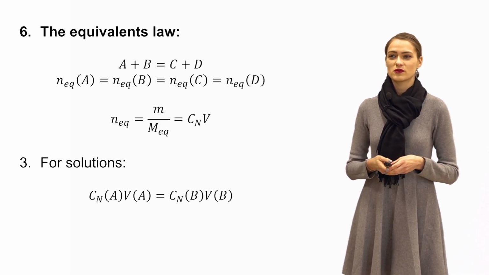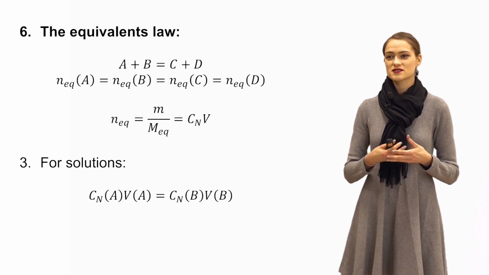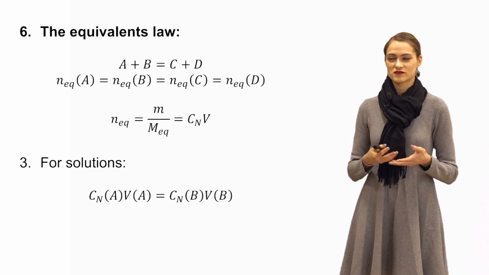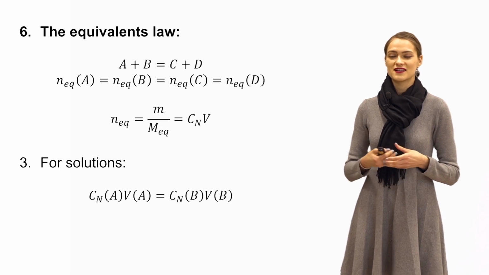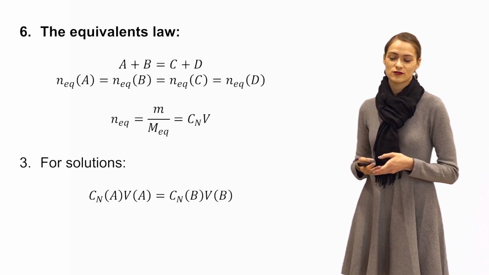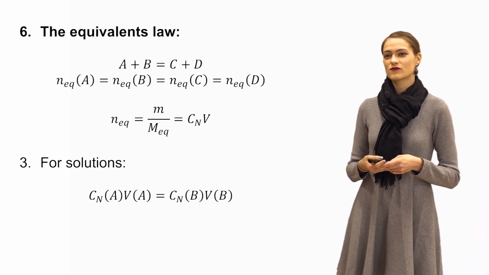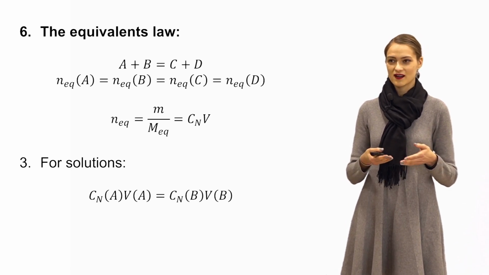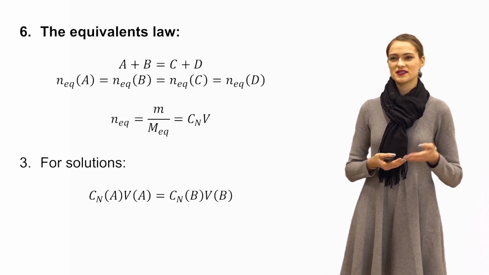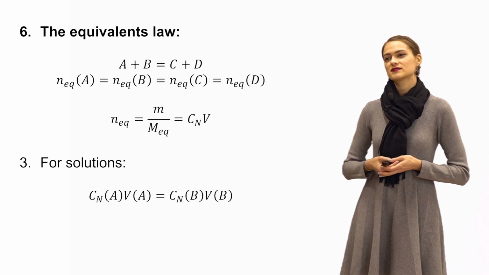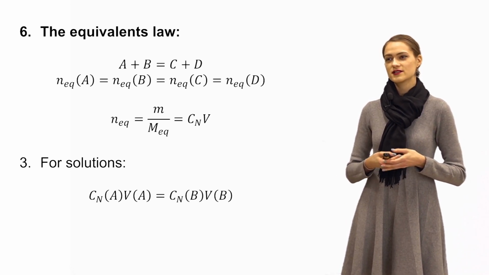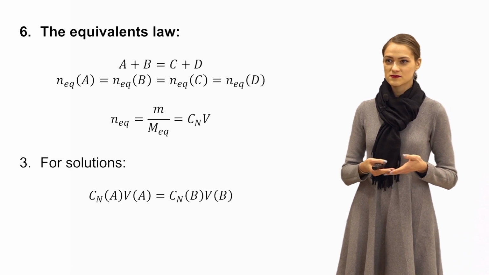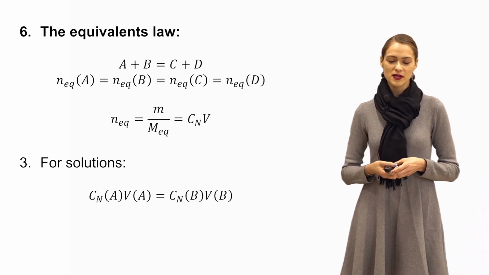For example, we know that one substance, a pure substance, for example, a pure metal, reacts with a solution of acid. For pure metal, we can use pure masses. I mean, we can calculate the number of equivalents as the ratio between the mass of this metal and its equivalent mass.